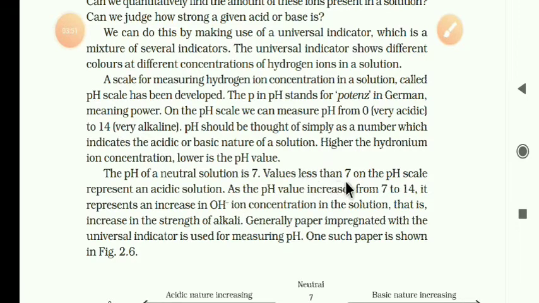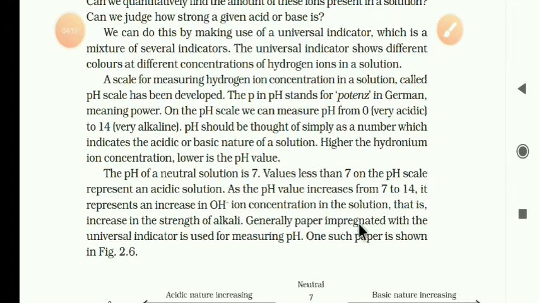A value of less than 7 on the pH scale represents an acidic solution. As the pH value increases from 7 to 14, it represents an increase in the OH- ion concentration in the solution, that is, an increase in the strength of the alkali.